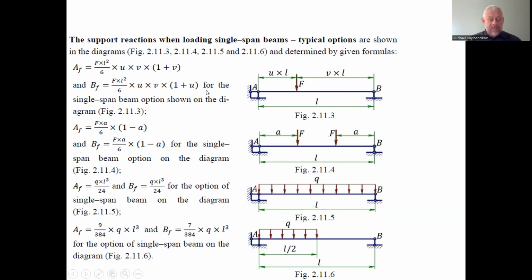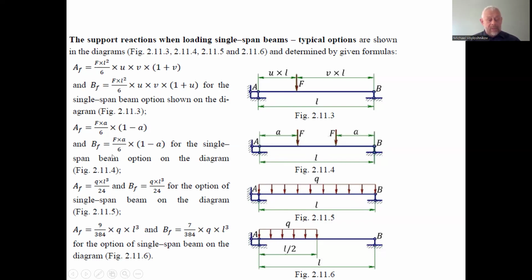As well, we can find B, corresponding to this scheme of a simple span supported on hinges, on the sliding hinge on the right and the fixed hinge on the left, and as well we can find the summand BF.